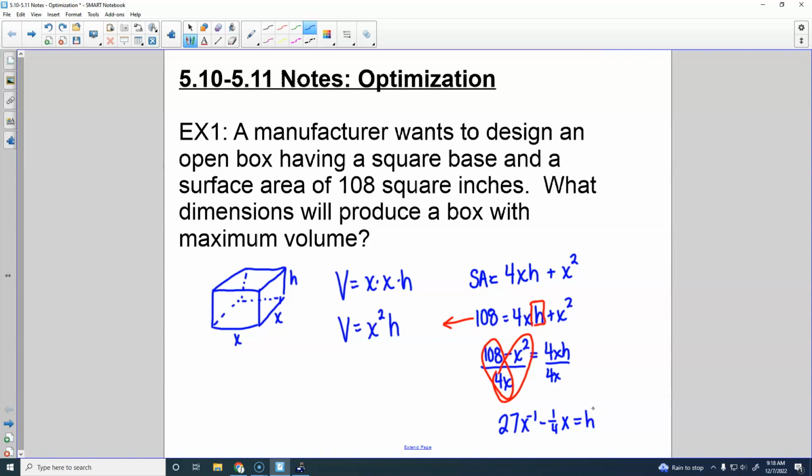Now, you could leave it a fraction. If you leave it a fraction, it just may make it a little more difficult to deal with when you have to do a derivative. So since h is equal to all of this stuff right here, I can plug h into this equation. So that will give me V equals x squared times 27x to the negative 1 minus 1/4 x.